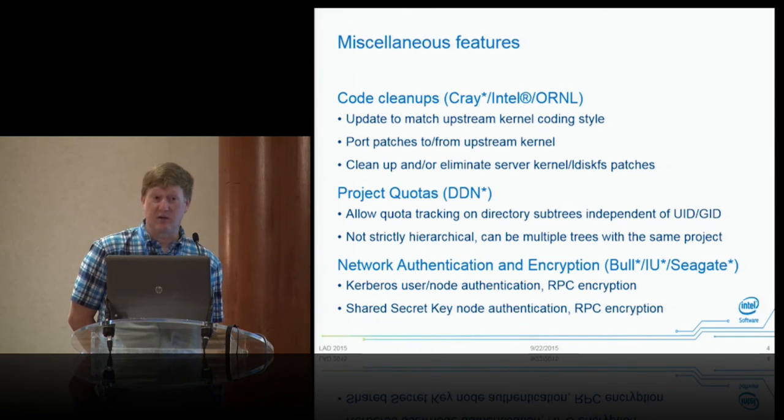It's like a UID or a GID, but it's an independent identifier for a set of files, and it's inherited by new files inside a directory and subdirectory. So it seems like a directory quota, but in fact you can assign a project ID to multiple trees in your file system. It's a way to do space accounting and enforcement that's not tied to your permission model.